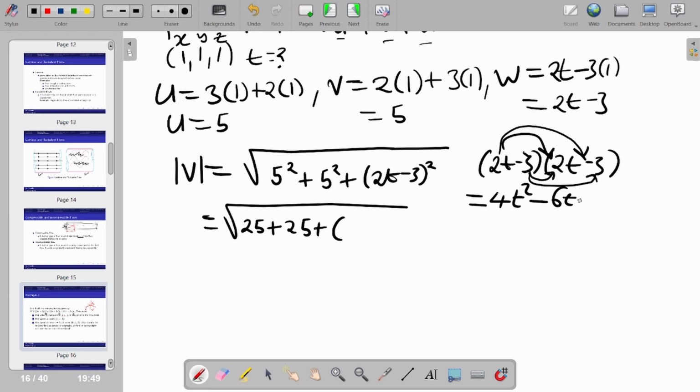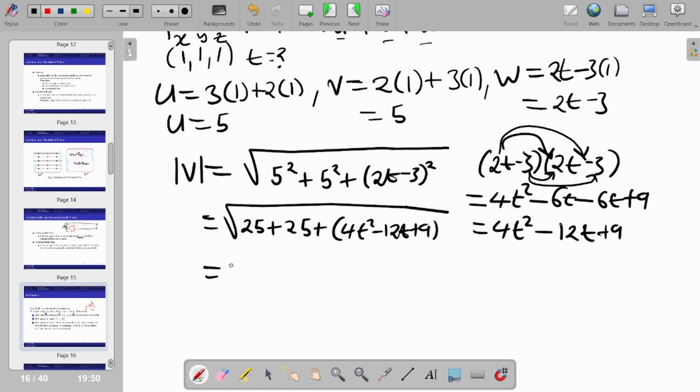So minus 3 times 2t is going to give us minus 6t, plus 9. So this is 4t squared minus 12t plus 9. Everything under one root. Then we have the square root of, these two give us 50, plus this 9 here is going to be 59, plus 4t squared minus 12t.